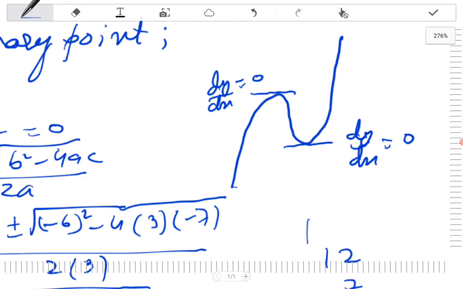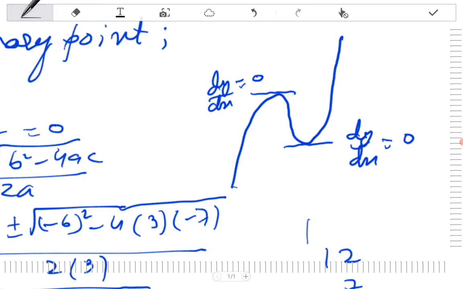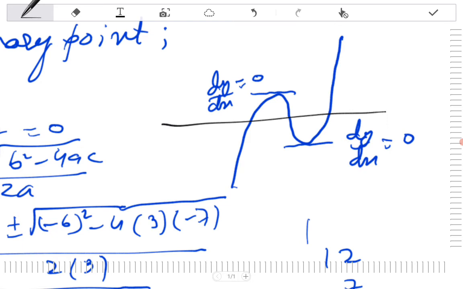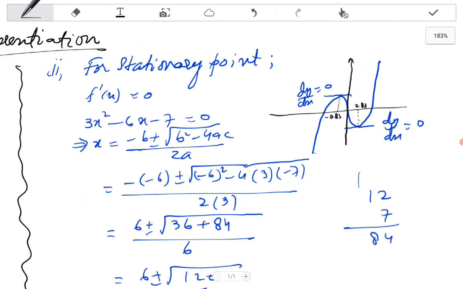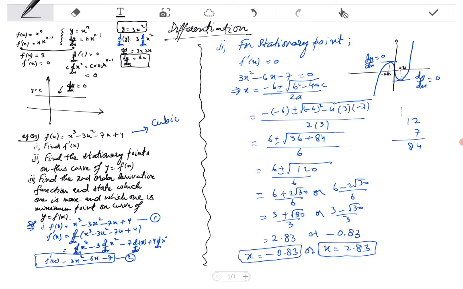If I focus on this curve, if I place my axis over here, my y-axis is coming somewhere over here, which is giving me negative 0.83 and positive 2.83. So we have two turning points. One is lying at negative 0.83, the other one is lying at 2.83.